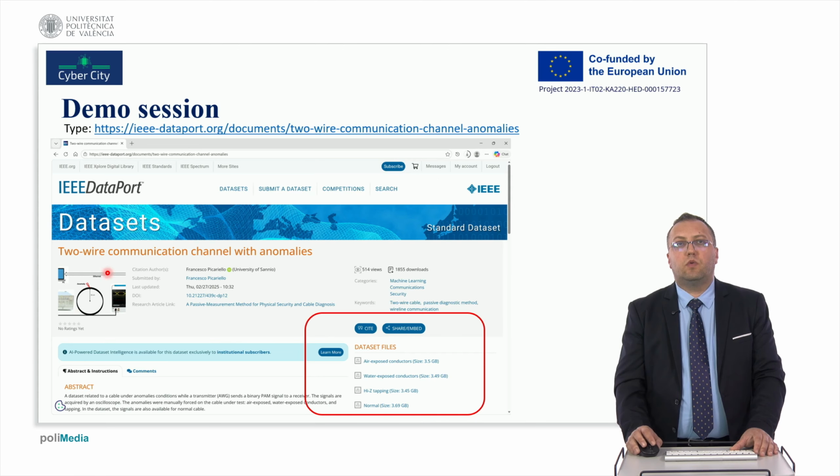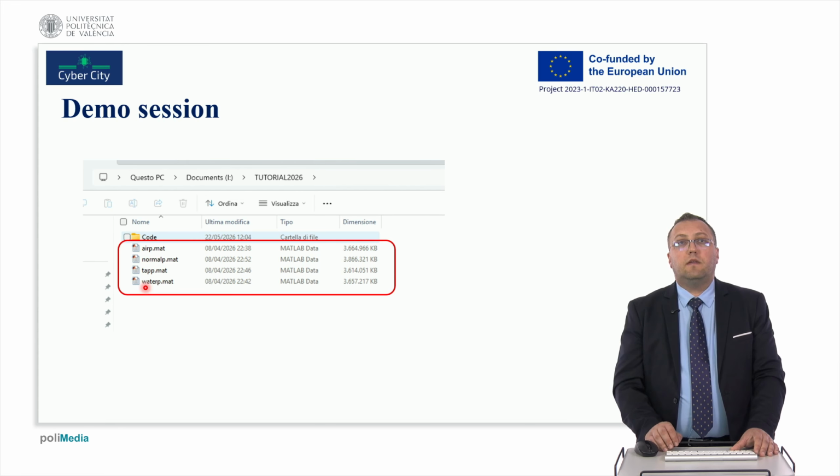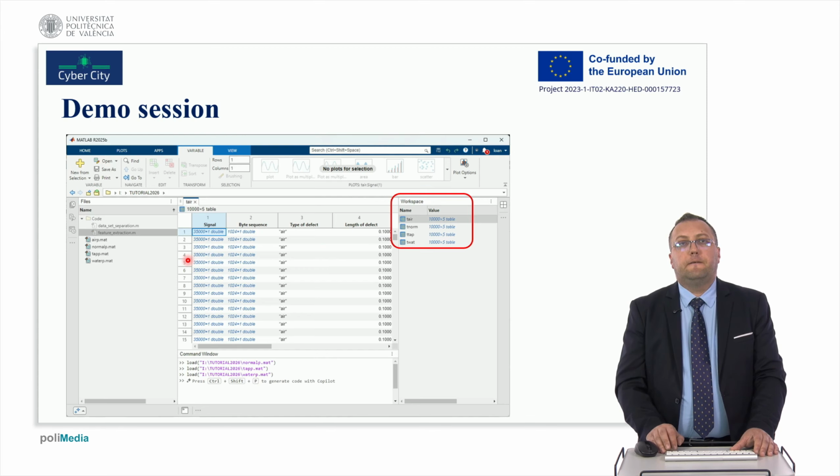You have to download them, and once downloaded, you may start MATLAB and load these tabular .mat files. Once you load each file, you will see their representation in your workspace as tables.